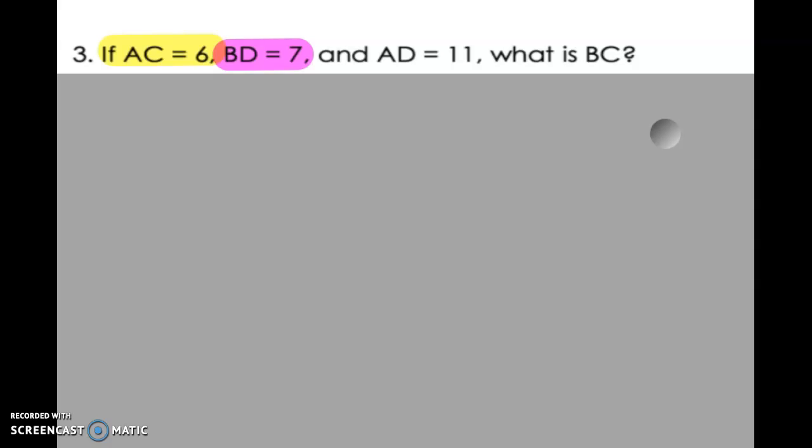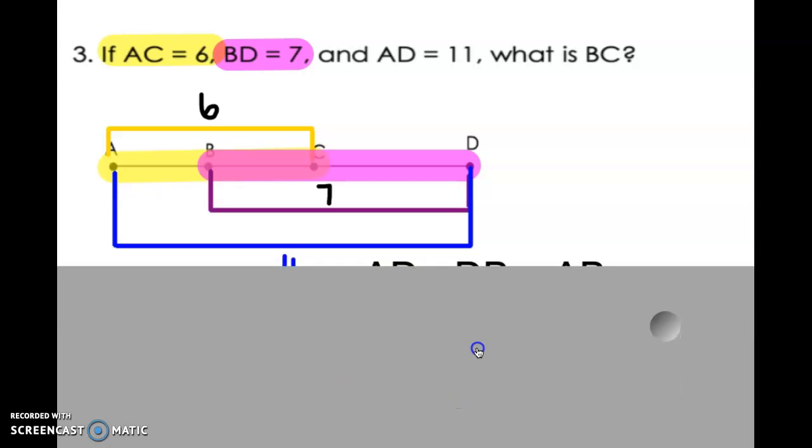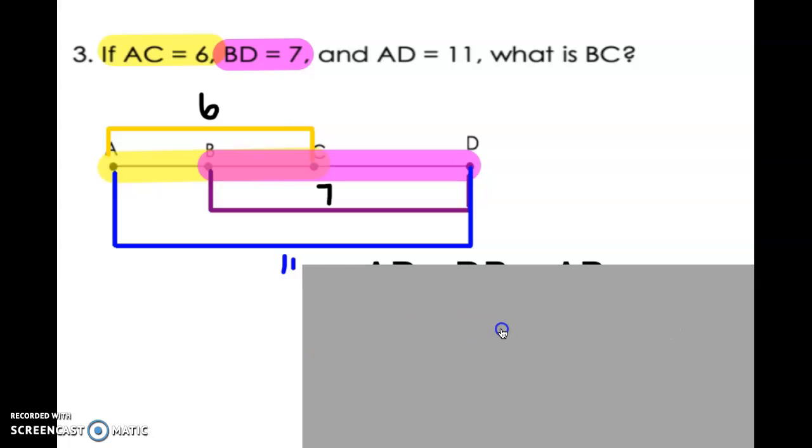Number 3, again, we're using the same picture to solve this problem. So if segment AC equals 6, segment BD equals 7, and segment AD equals 11, what is BC? This one is a little more complex because they're giving us 3 pieces of information. So again, what you want to do is mark up your picture.